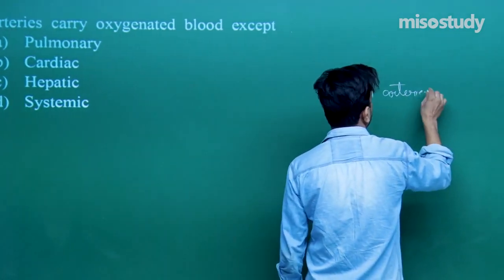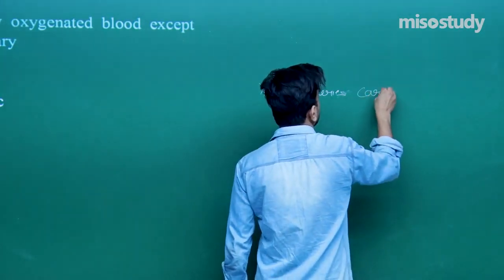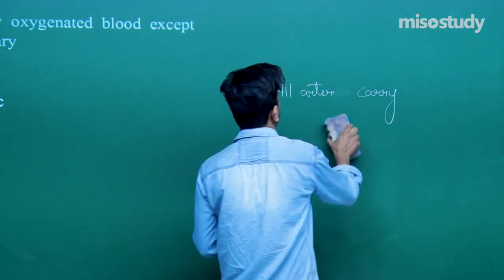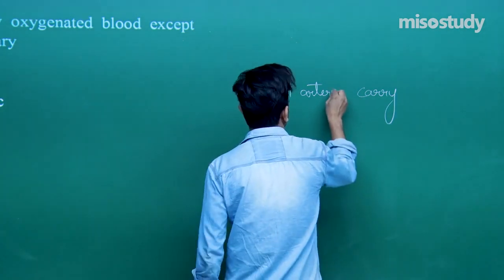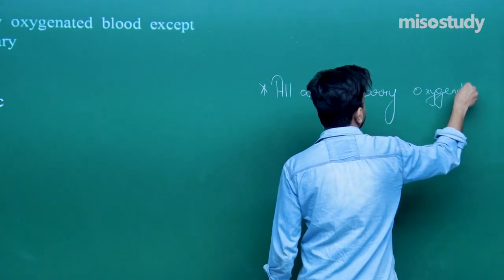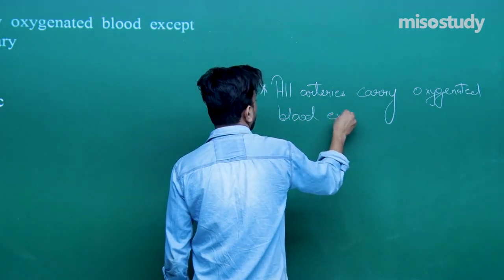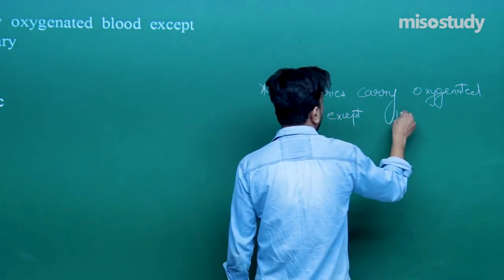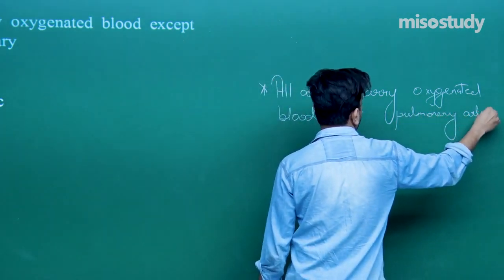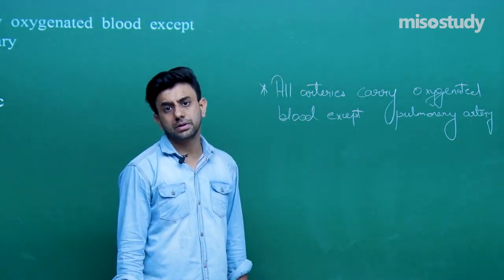So all arteries carry oxygenated blood except the pulmonary artery.